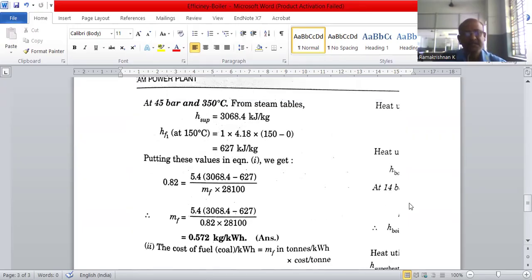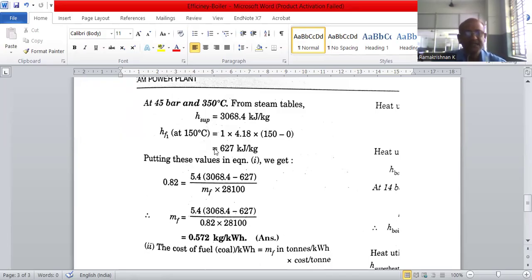First, the superheated steam condition, 50 bar and 350 degrees Celsius. From the superheated steam table, the enthalpy of the steam is 3068.4 kilojoule per kg.